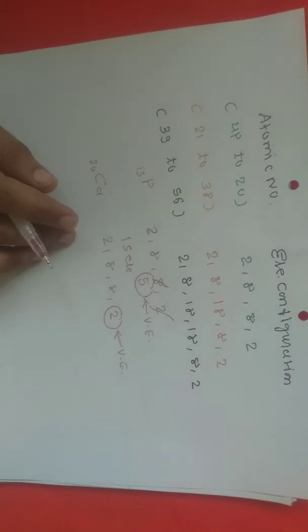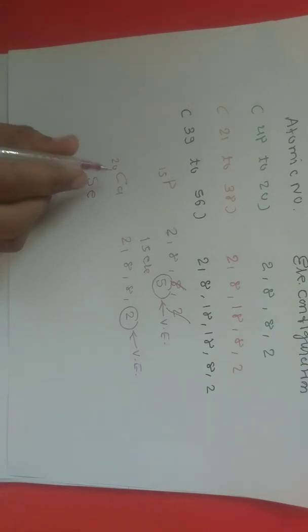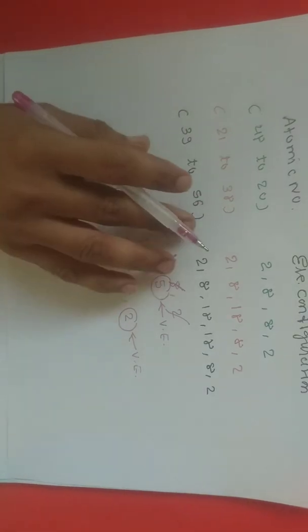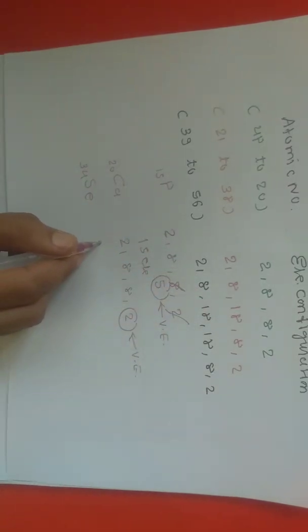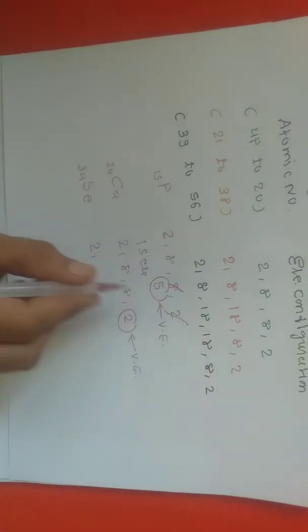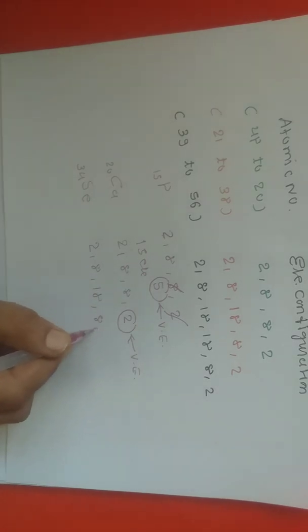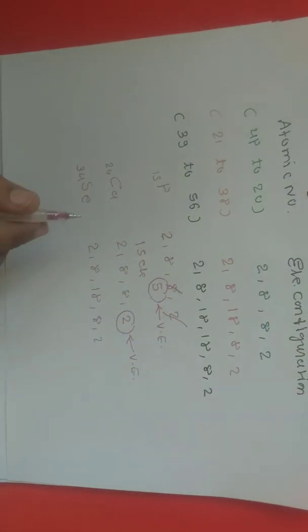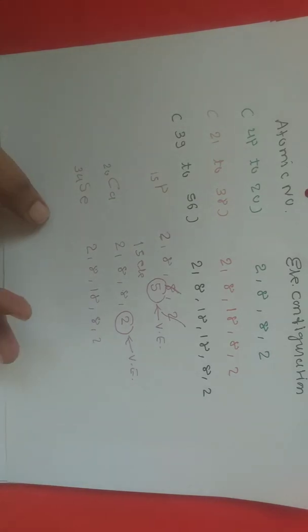For example, if we take selenium, then selenium has atomic number 34. So 34 belongs to this second row. So I have to first write down the standard electronic configuration, that is 2, 8, 18, 8, 2. Now I have to maintain a total of 34 electrons because 34 protons are there.